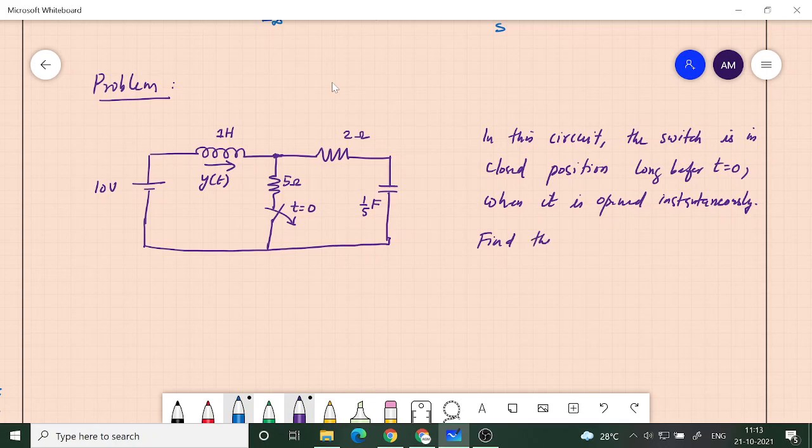Find the inductor current y of t for t greater than or equal to 0. So this is the question.